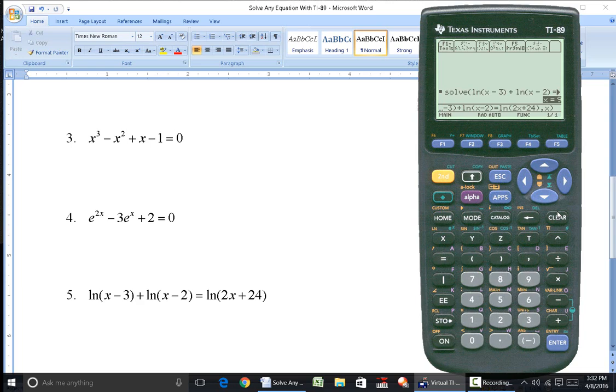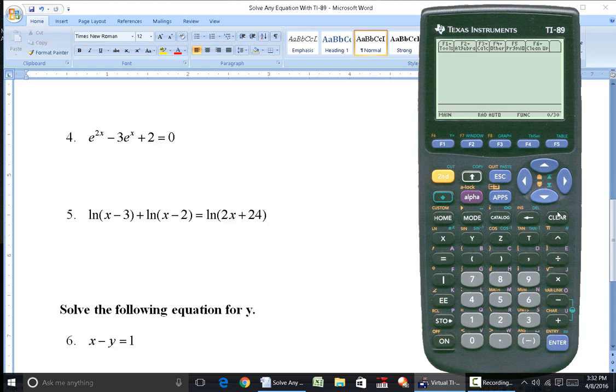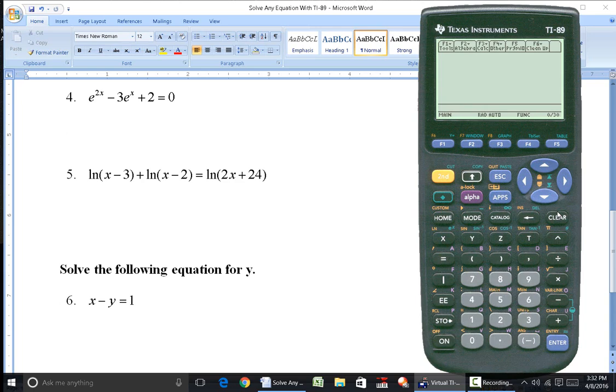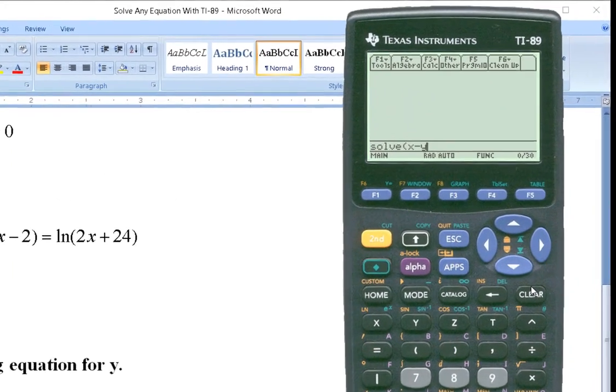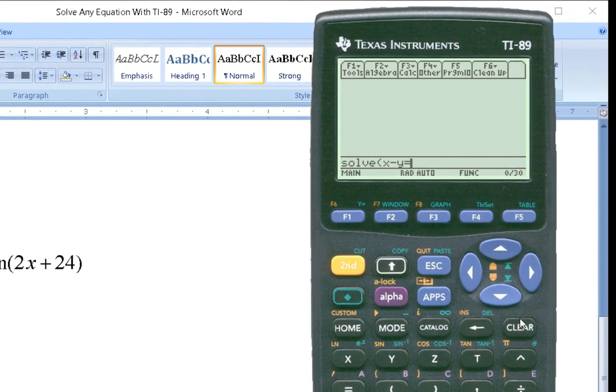Now the last one I wanted to look at is, again, number 6, solve the following equation for y, just to show that the calculator can give you some symbolic answers. So again, I'm going to use the first one here, number 1, and enter the equation x minus y equal to 1, comma, and remember this says solve the equation for y, so I enter the variable y because that's what I want to solve for.